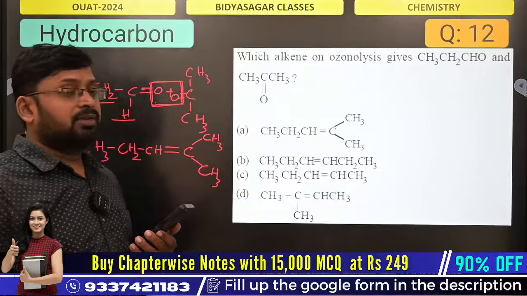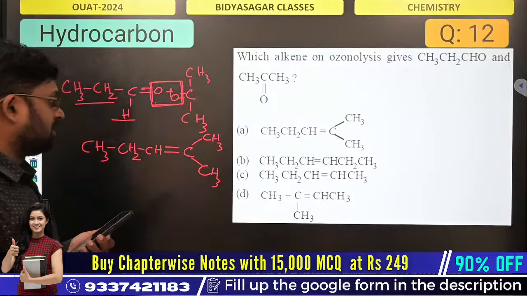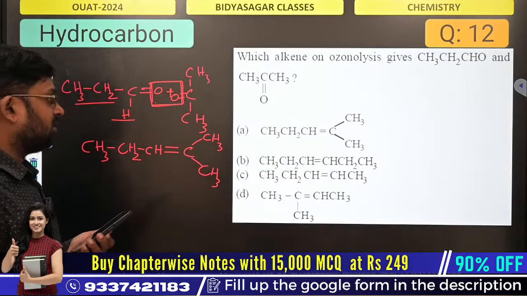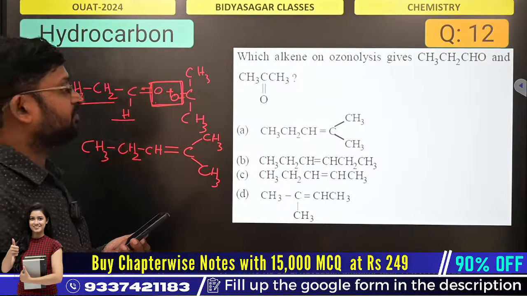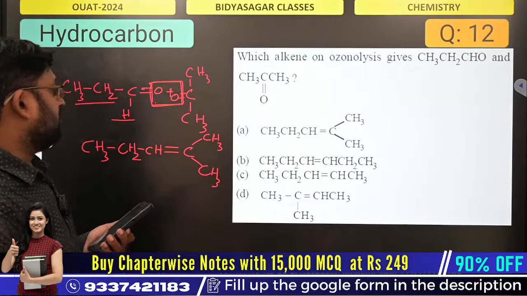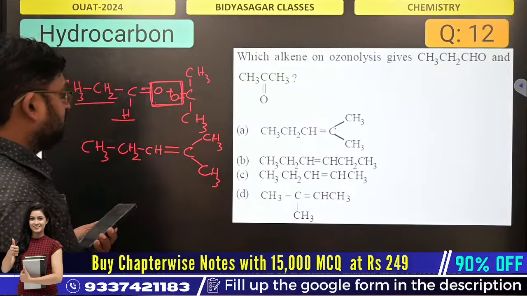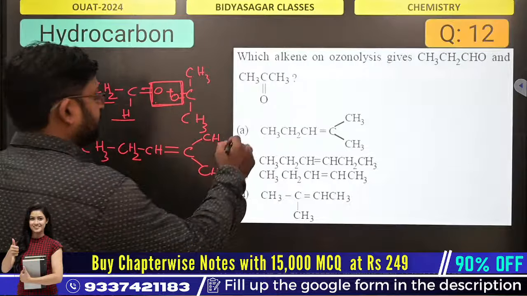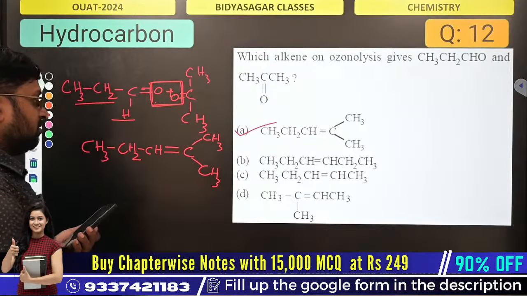You have to put the double bond between both the carbonyl carbon atoms, so we get the alkene. Your correct answer would be A, CH3CH2CH=C(CH3)2. Option A is the correct answer.